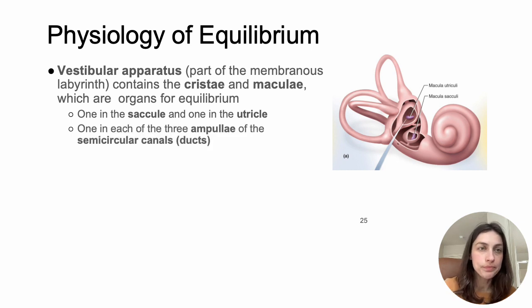There are also 3 semicircular ducts in the three semicircular canals. And there are three enlargements of the semicircular canals called ampullae. That's the plural. An ampulla is a little bottle.